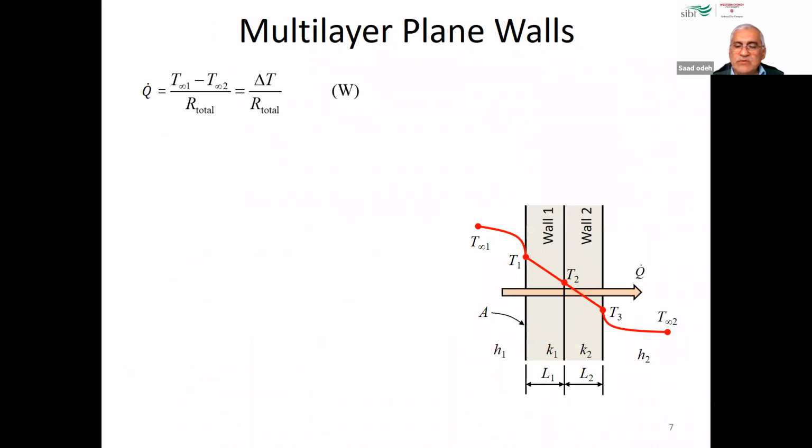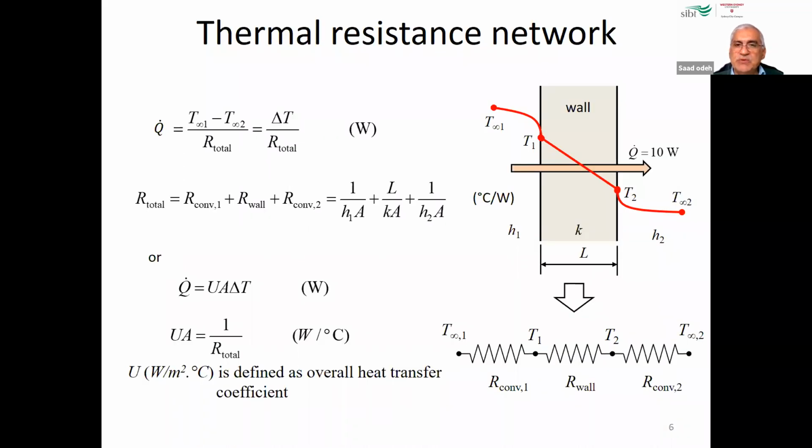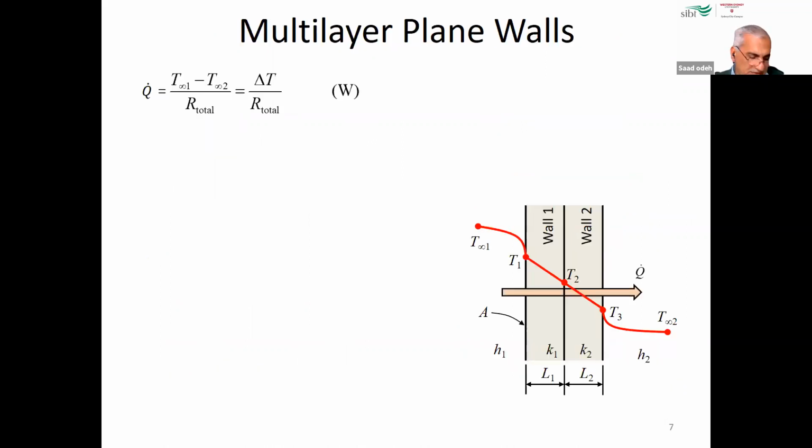Right. Now we come to the more complicated case. In the previous case we had only a single wall. In this case, we have two walls, wall 1 and wall 2. This is actually a more practical case, because in most buildings we don't have a single layer of wall; we have multiple layers.